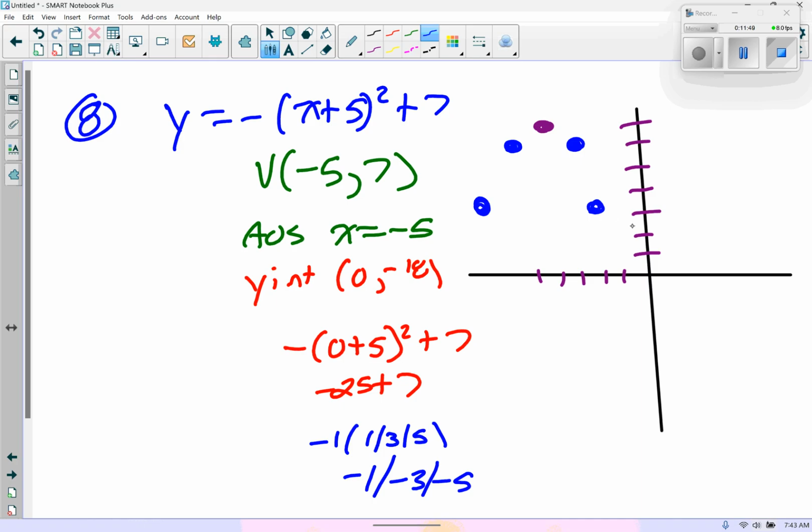I'm going to go right 1, down 5, left 1, down 5. Because my dots didn't fall on the x-axis, I'm not sure where it crosses exactly. I mean, it does cross the x-axis, but we don't have the exact answers.